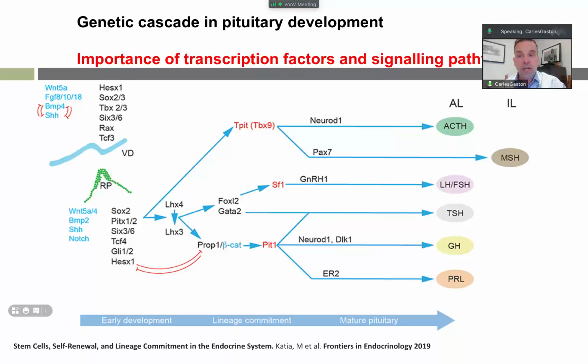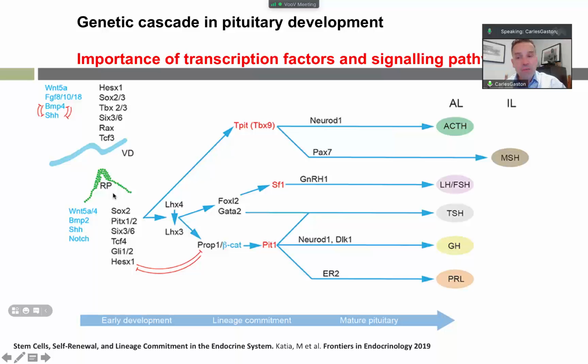Our laboratory and other laboratories have shown that the genes and transcription factors involved in Rathke's pouch specification and terminal differentiation are quite complex. So there are lots of homeobox transcription factors such as HESX1, TBX3, DRAX, which are important in the brain to give signals to the Rathke's pouch.